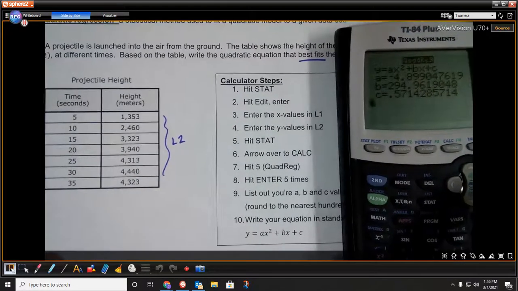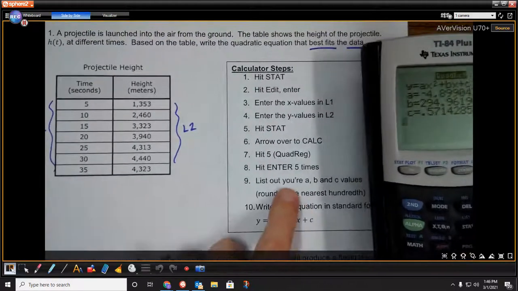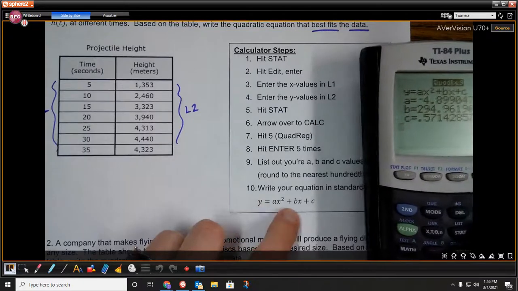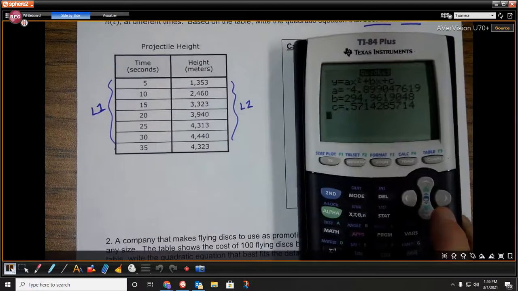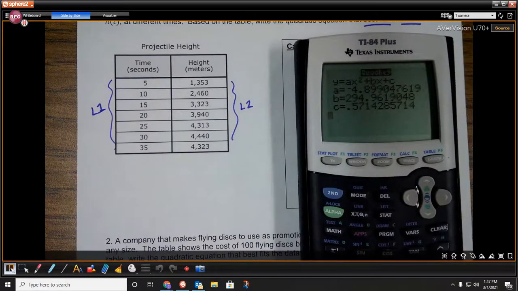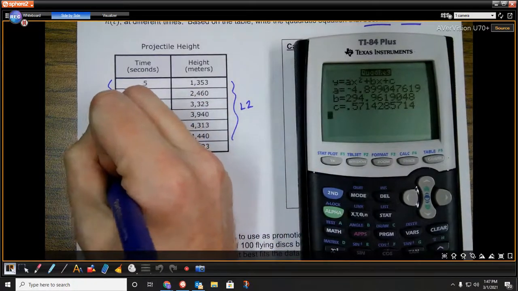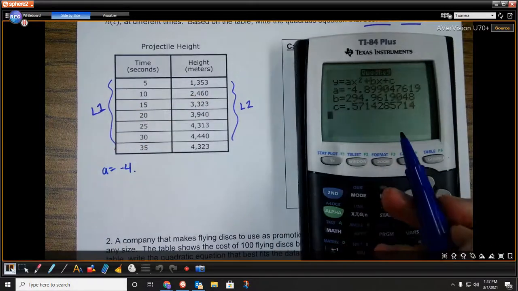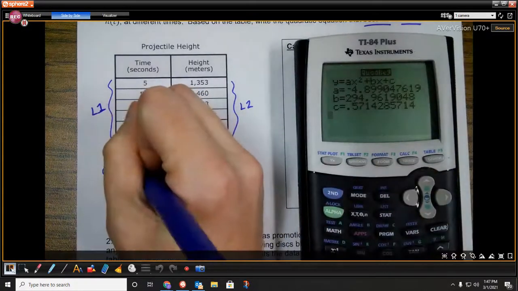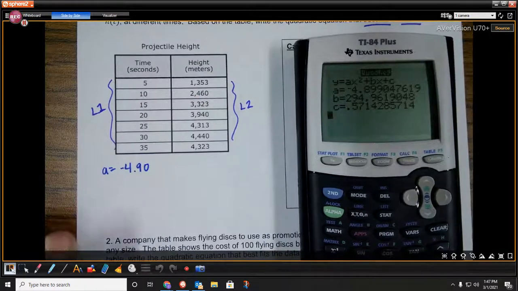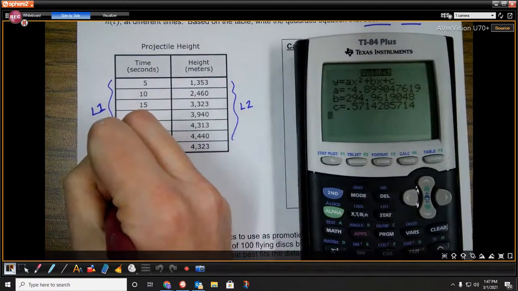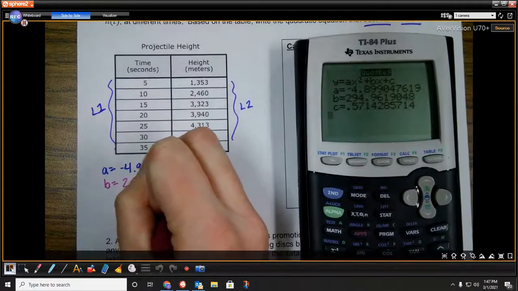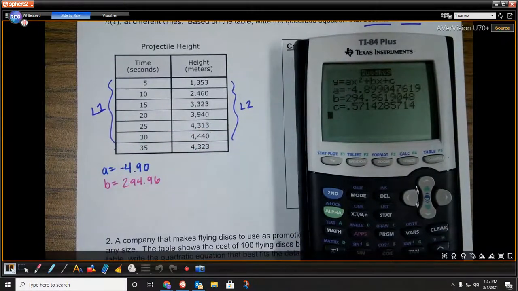Once you have this information, you list it out to the nearest hundredth, and then you write your equation in the standard form. So I'm going to write out my values. My a value is equal to negative 4.899, so if I round it up, that becomes negative 4.90. My b value is 294.96, because of the rounding.